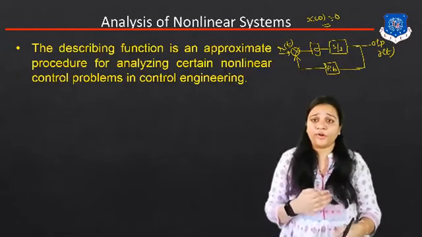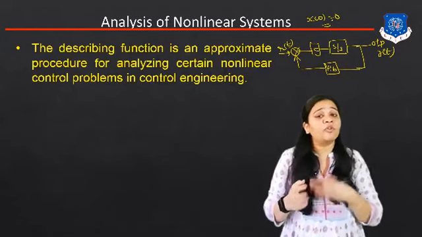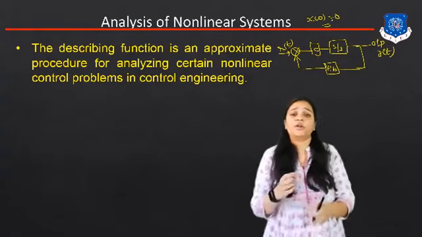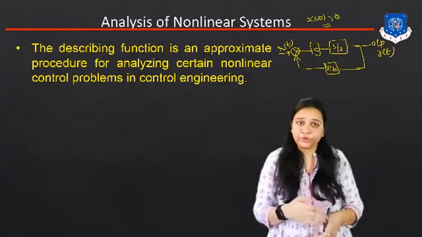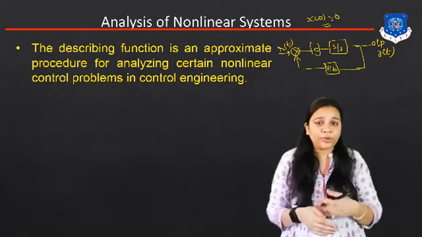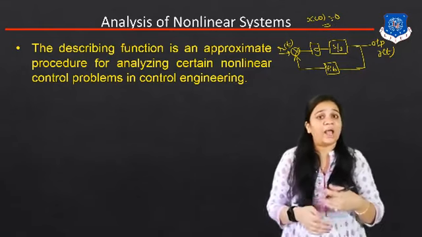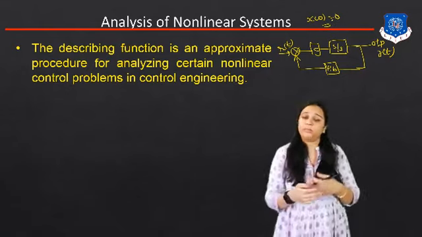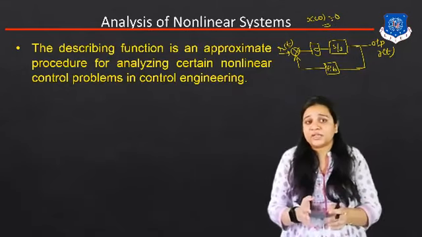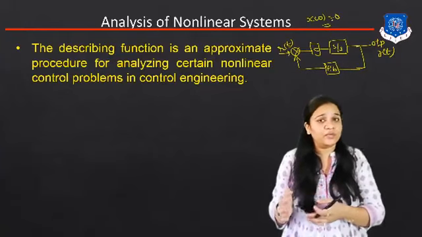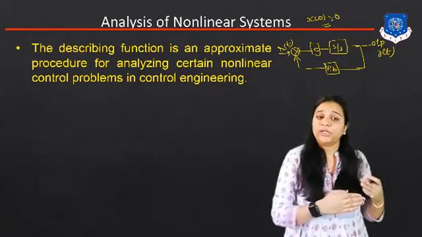So first of all, our target is to find which type of system the particular control system is, because once we know the system linearity, we then find the stability of the system. If it is a nonlinear system, the first target is to convert the nonlinear system to a linear system.